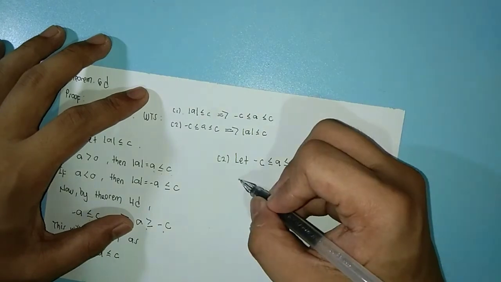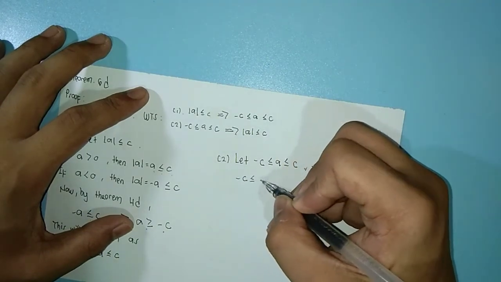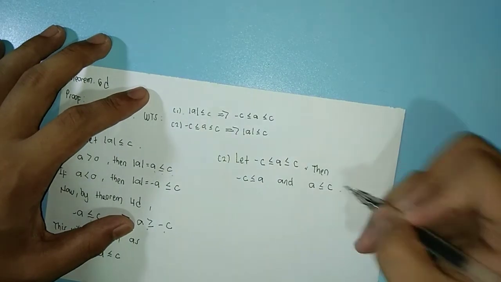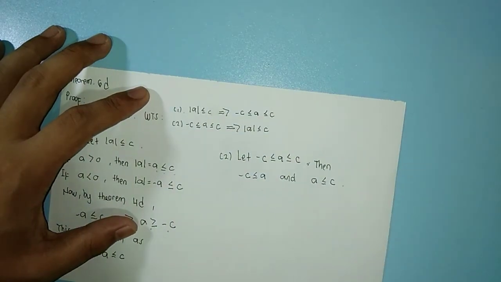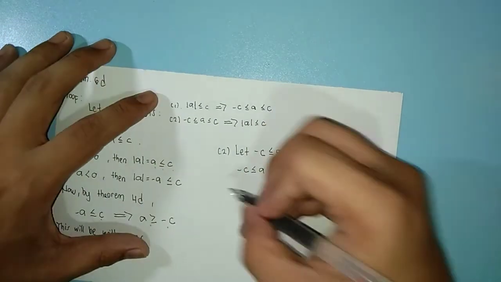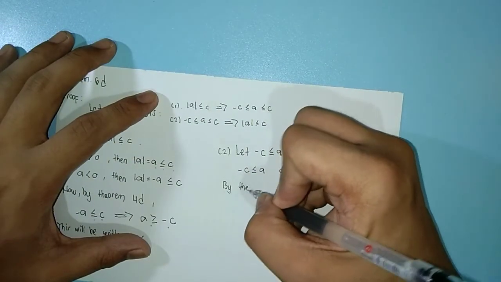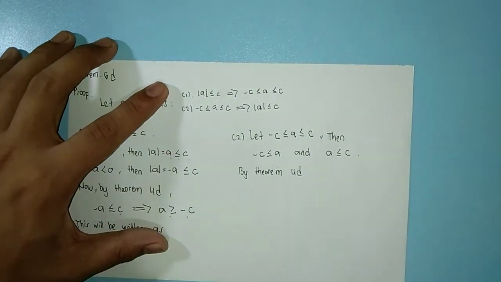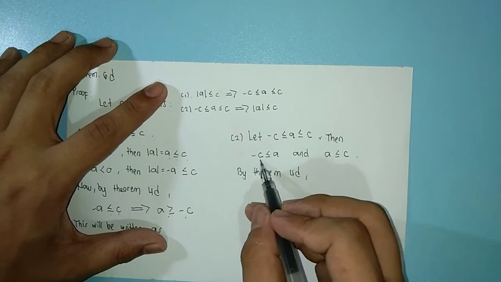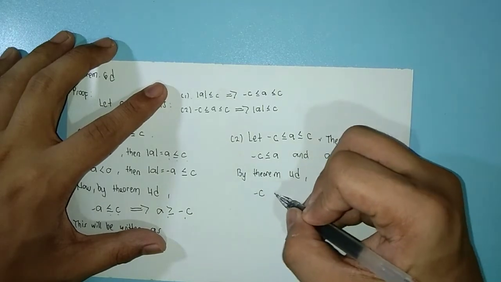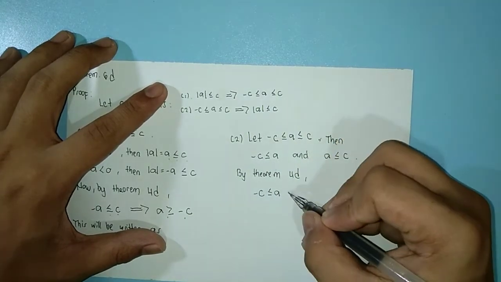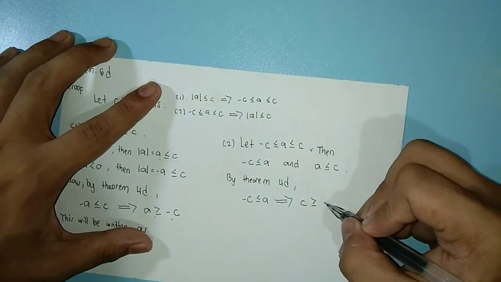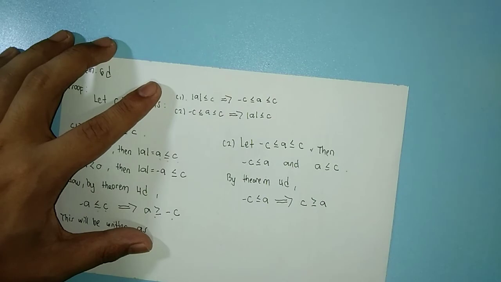Then, yung negative c ay less than or equal to a and a less than or equal to c. Okay? So, by theorem 4D again, yung ginamit natin kanina dito, pag nag-multiply tayo ng negative, yung negative c less than or equal to a, magiging siya, c greater than or equal to a. Okay?